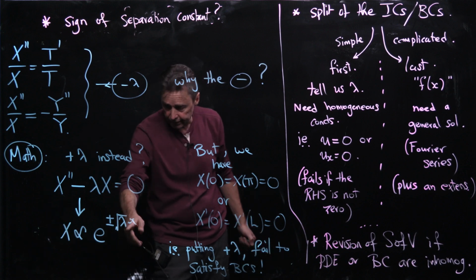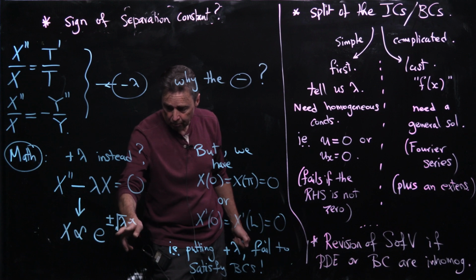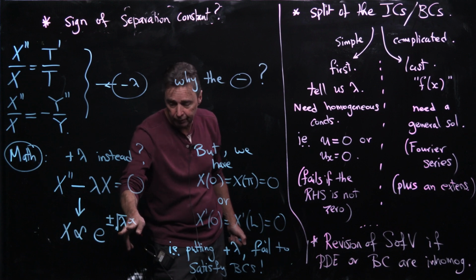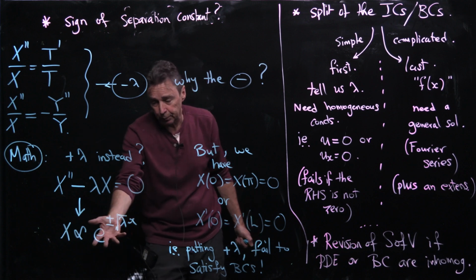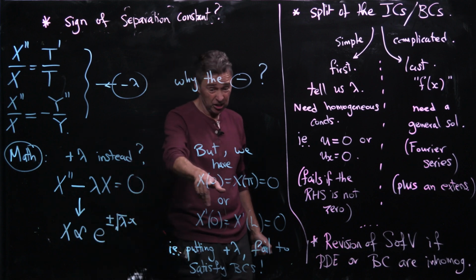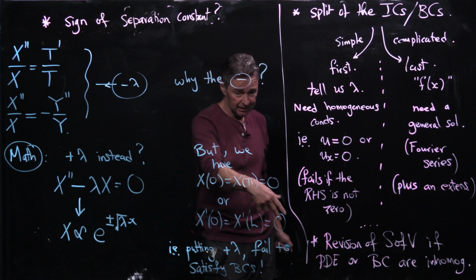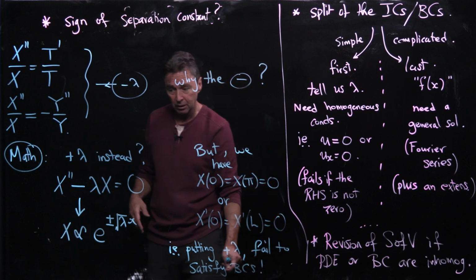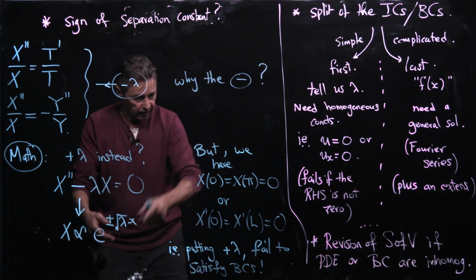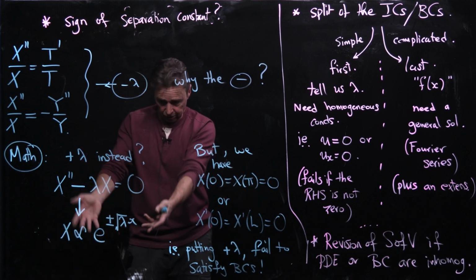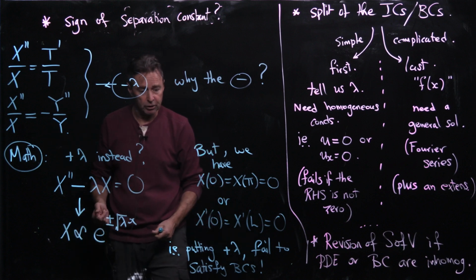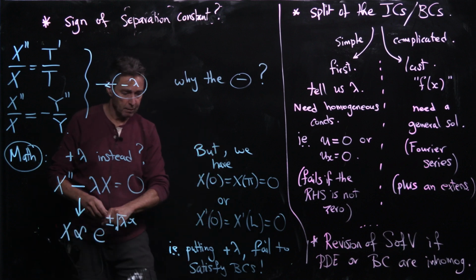The only way to do it is to make lambda negative. That puts an imaginary constant there, turns the exponentials back into sines and cosines. And sines and cosines can effortlessly satisfy those 2 zero conditions. We need functions here that have multiple zeros. Sines and cosines have that. Exponentials don't. That's the mathematical reason.